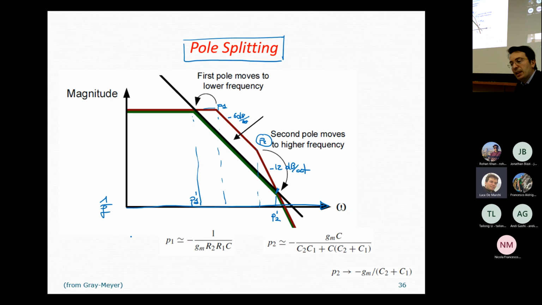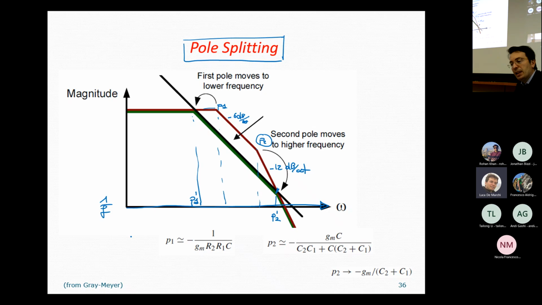So the bottom line is that to compute the phase margin, we will take into account the phase loss due to the first pole, the phase loss due to the second pole, and finally the phase loss due to the zero.